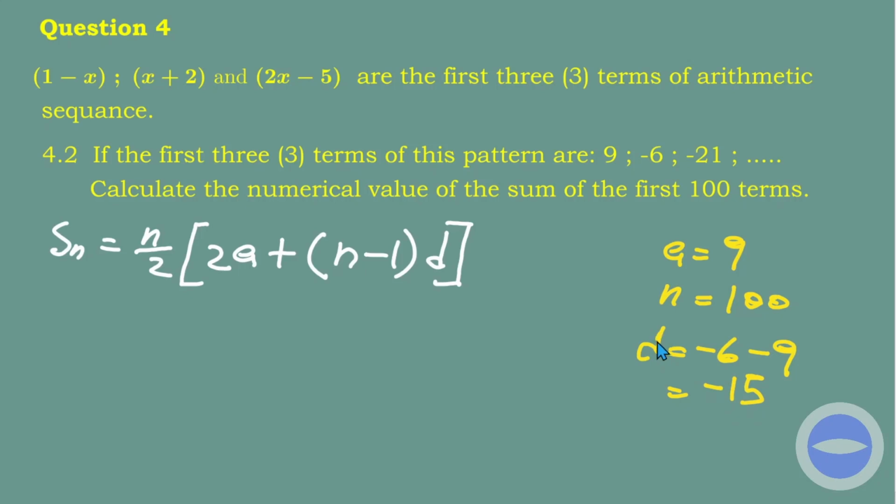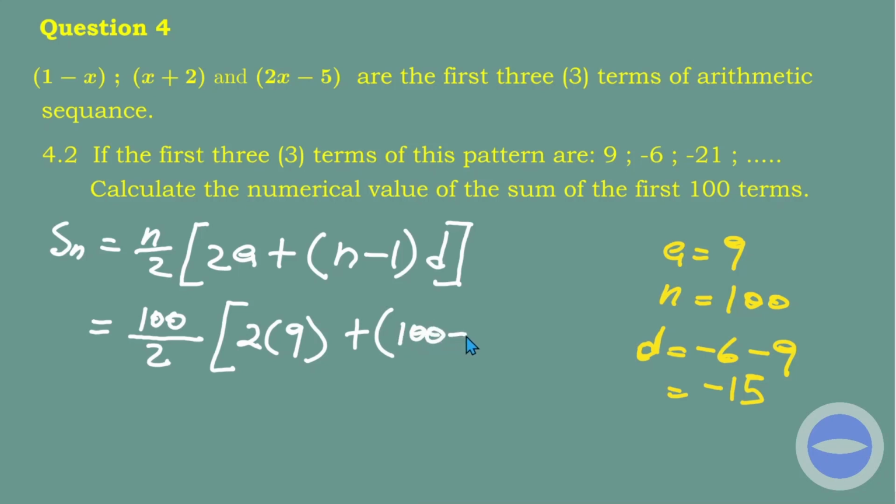Now we have everything, so we can substitute into the formula. n makes 100 over 2, and then here we have 2 multiplied by our a, which is positive 9, plus 100 minus 1 multiplied by negative 15, and then close the big bracket.